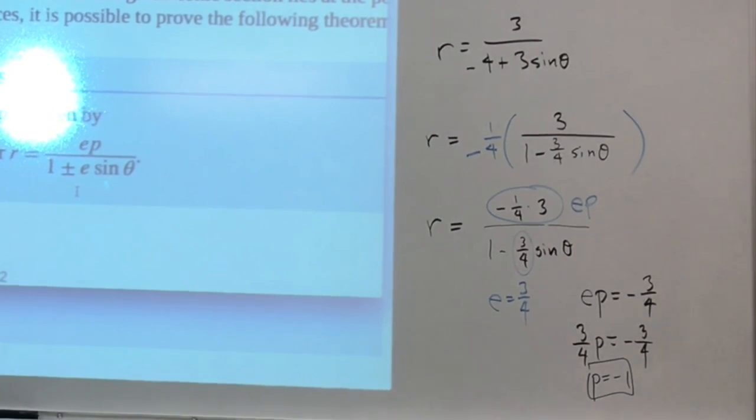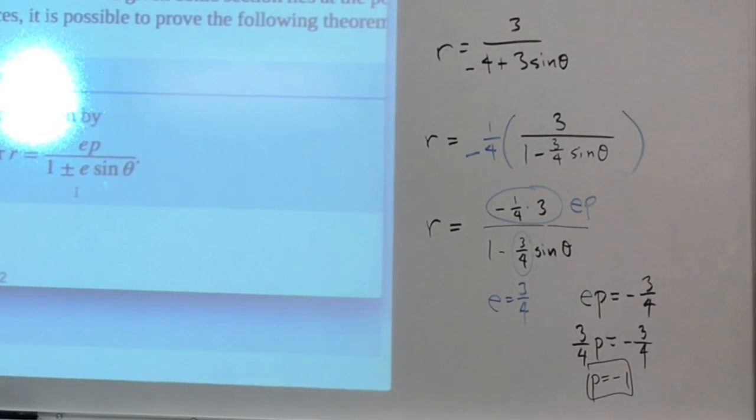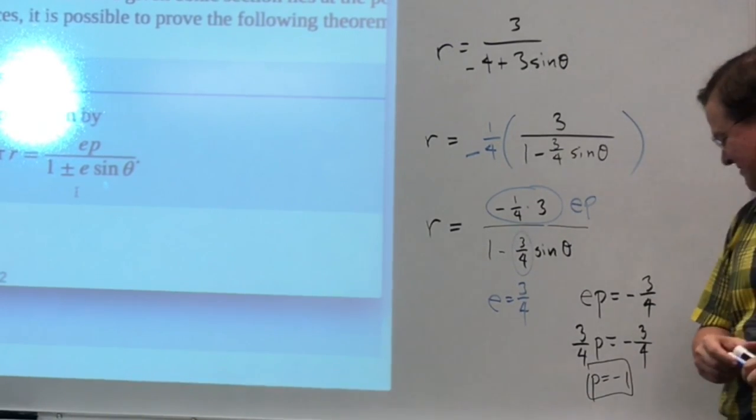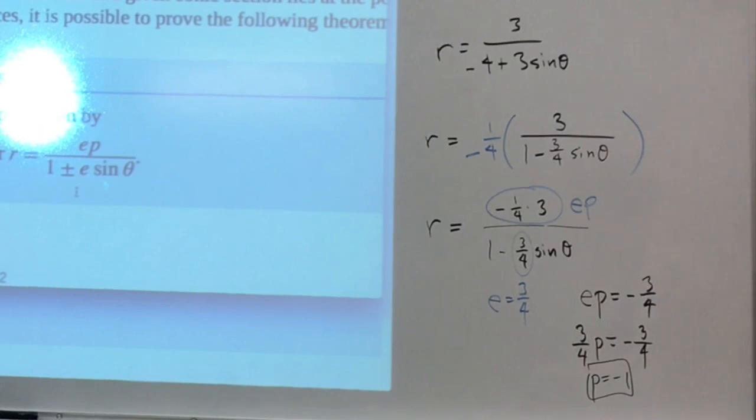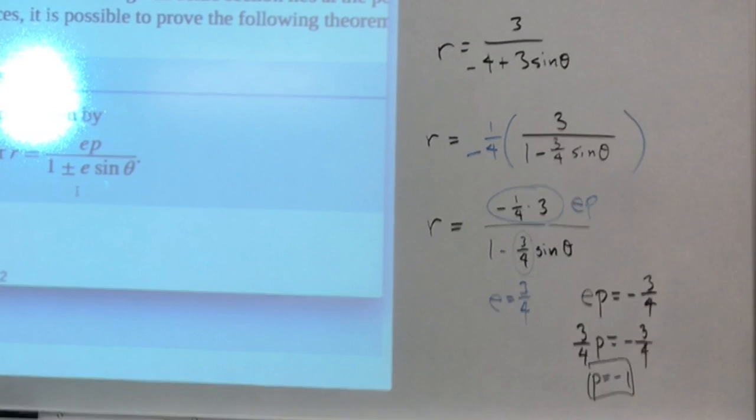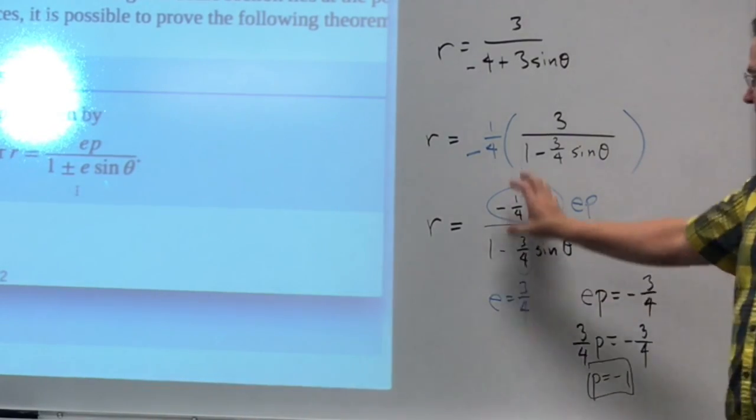We talked about that in the context of a parabola. But wouldn't EP have to equal 3, because if it is EP and the top is 3? Well, the top isn't 3, though. See that factor I pulled out?